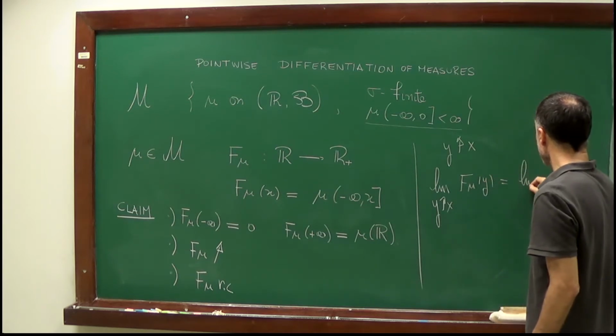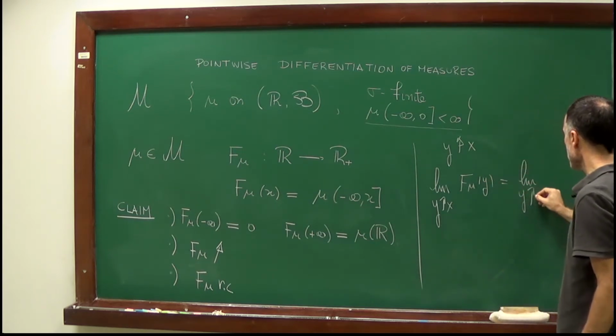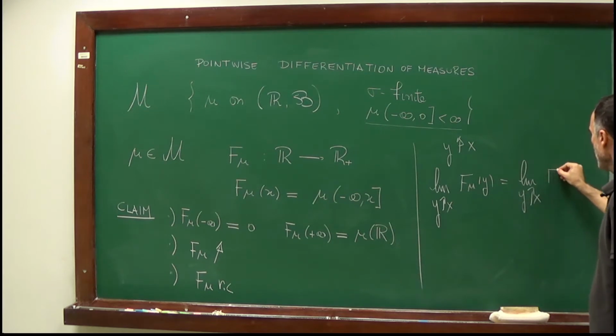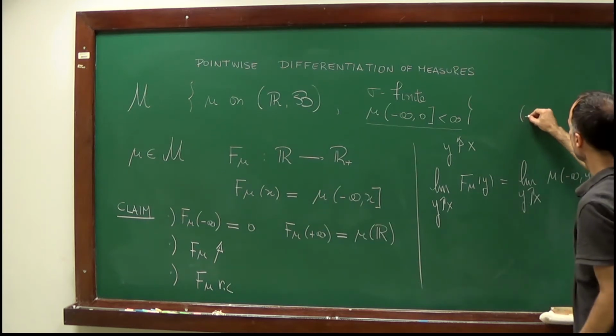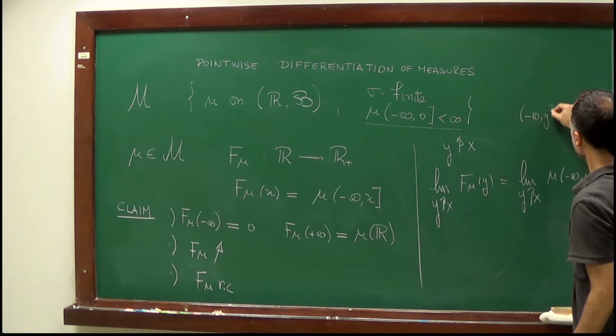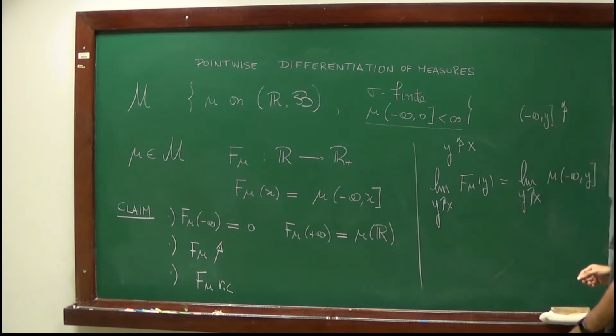This is the limit as y increases to x of mu of minus infinity to y. And as y increases to x, this set is increasing to the interval minus infinity to x, open at x.